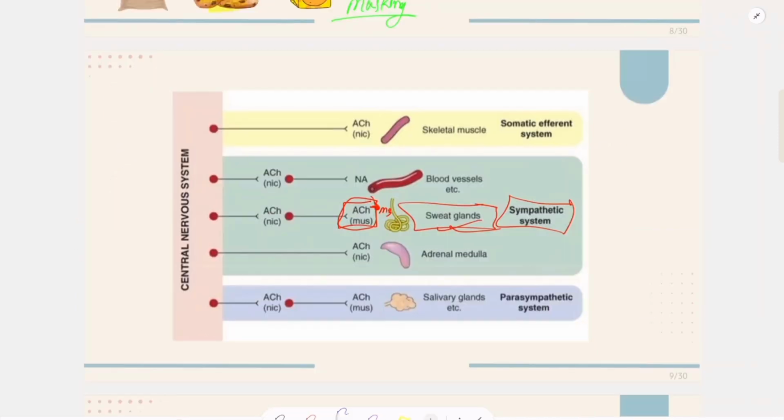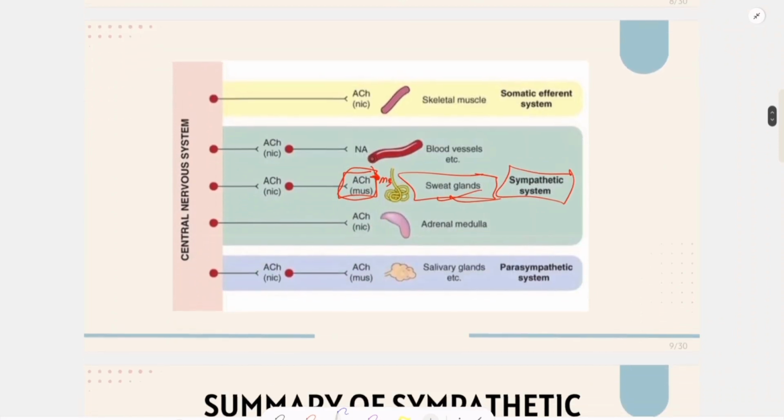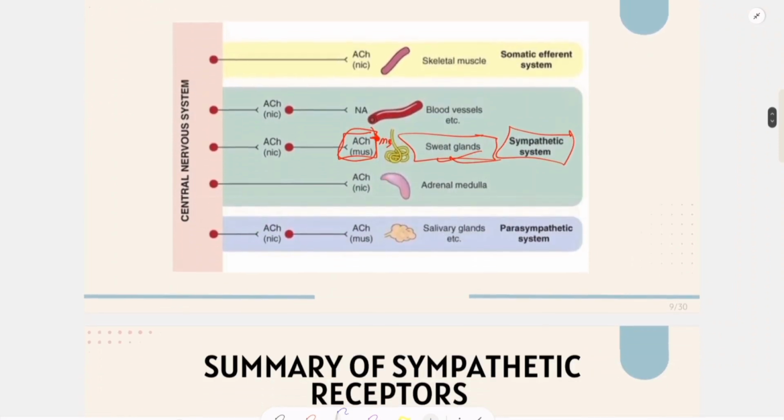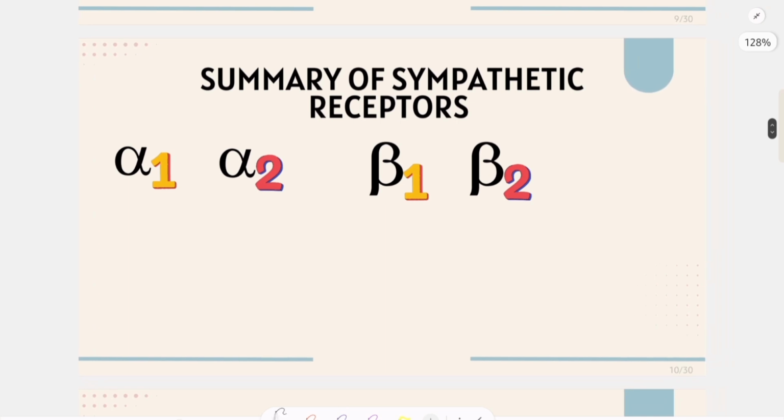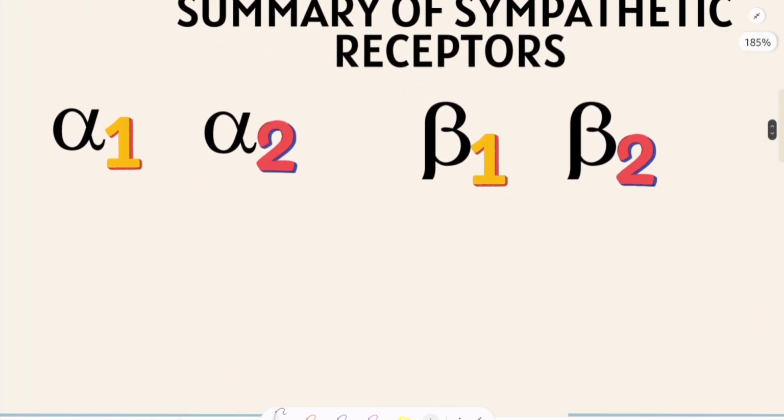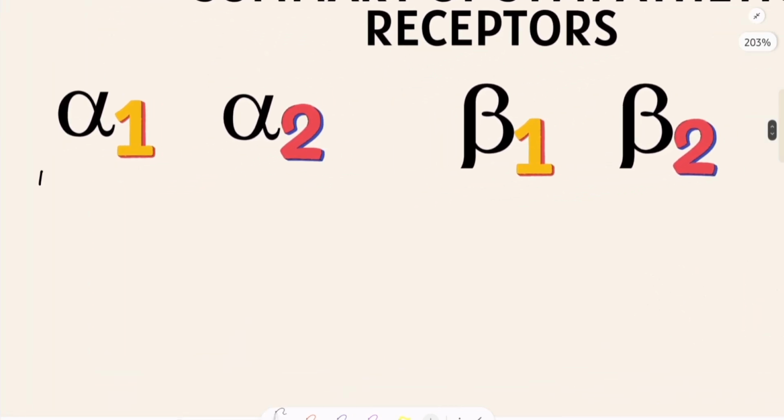So we have discussed the sympathetic nervous system's receptors. Now we will get a quick recap. The alpha 1 receptor is located at blood vessels, eye and prostatic urethra.